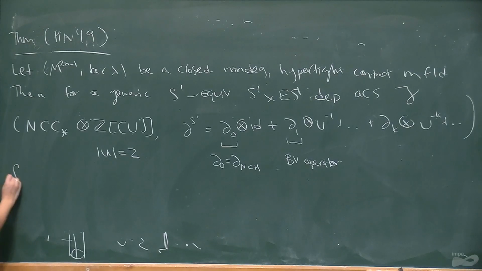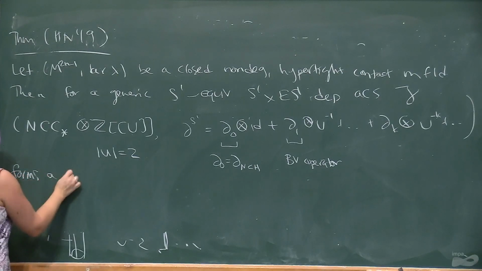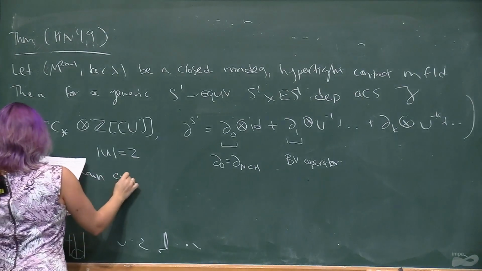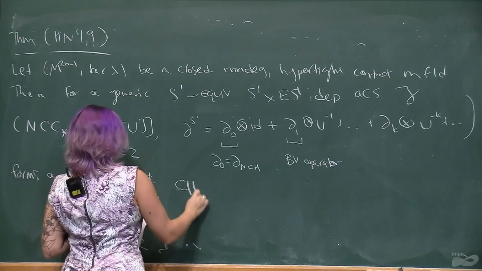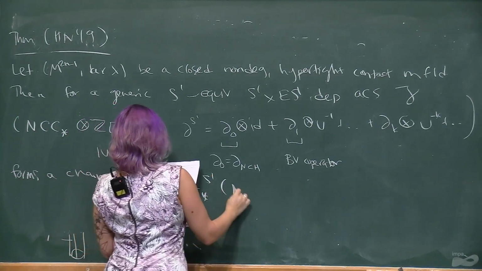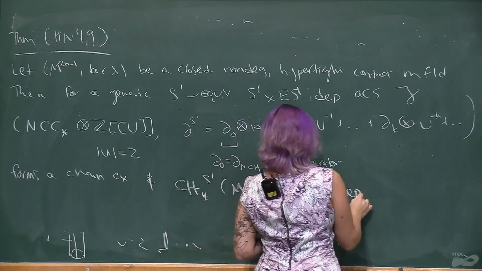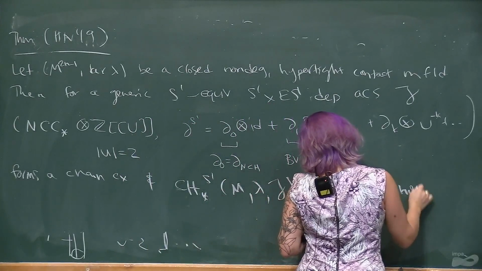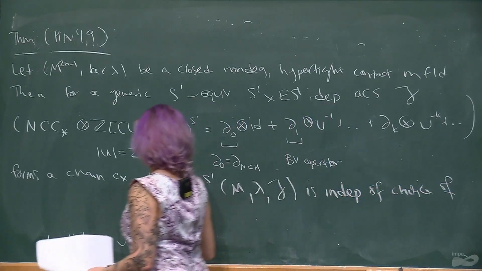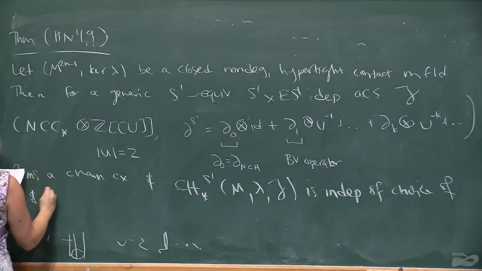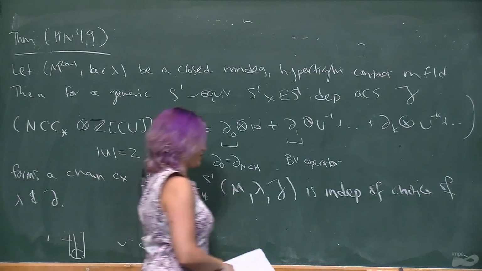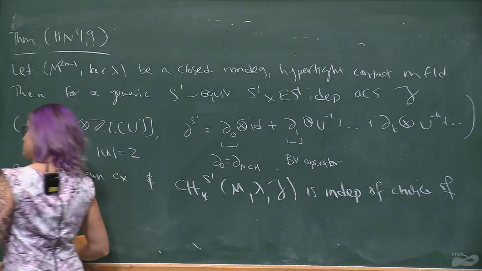So this forms a chain complex. And the homology is independent of the choice of lambda and J. So you get a legit contact invariant.